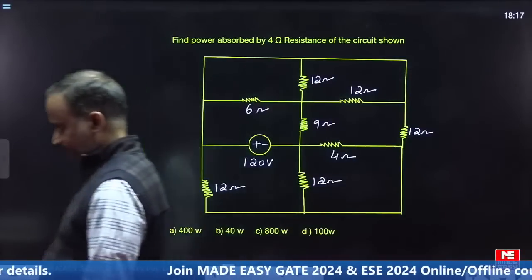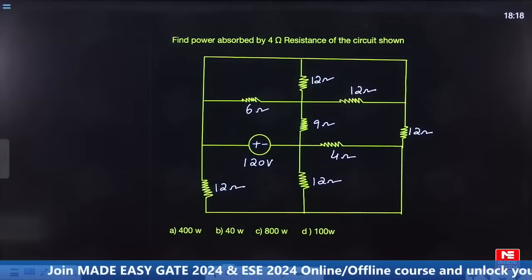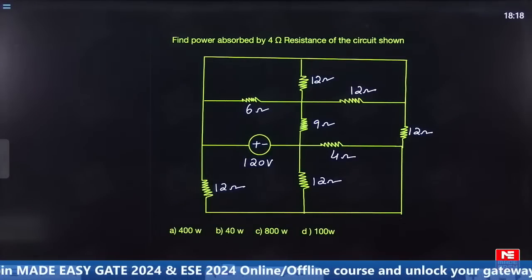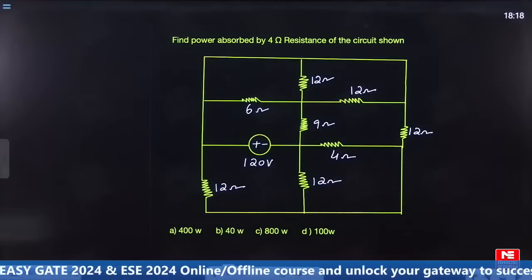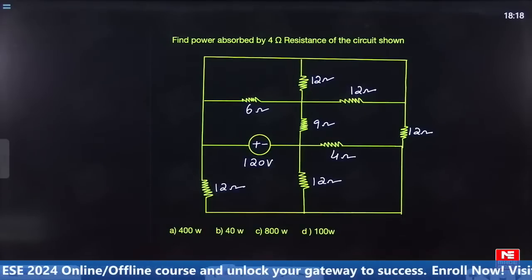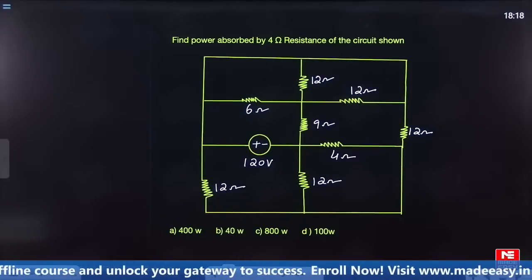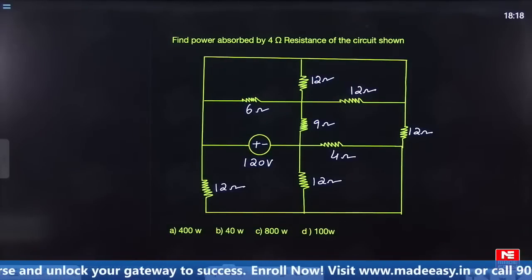Read this question. Very good. Shruti, Sudarshan, Mehak, Electrical Shorts, Amisha, very good.